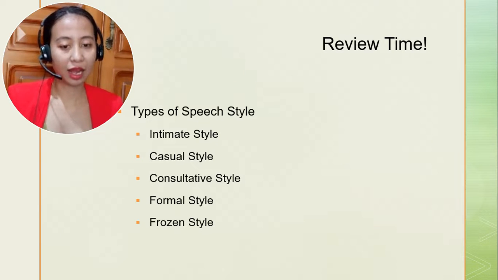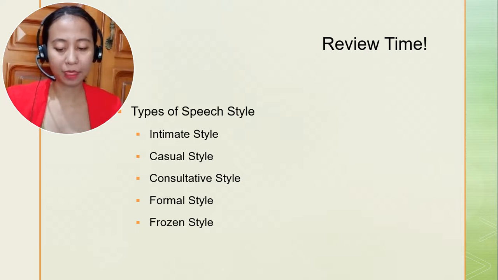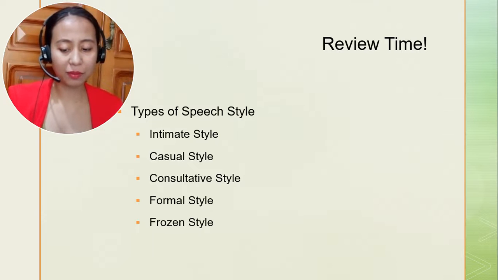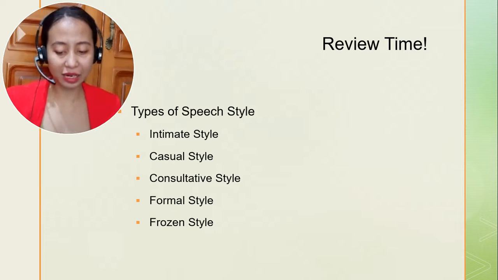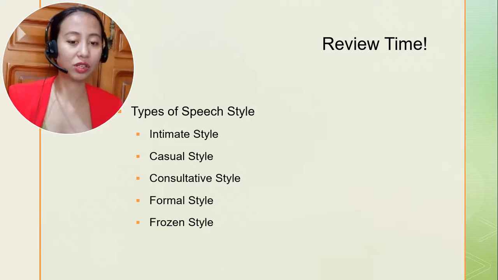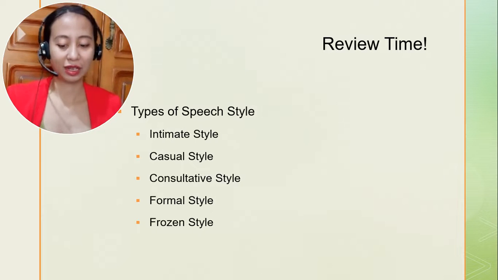And we also have different indigenous groups who are using dialect. And there are also times that we use this intimate style in the family members, like calling your boyfriend or girlfriend or your husband and wife honey, babe, sweetie, your sister as sissy, your brother as bro, right?